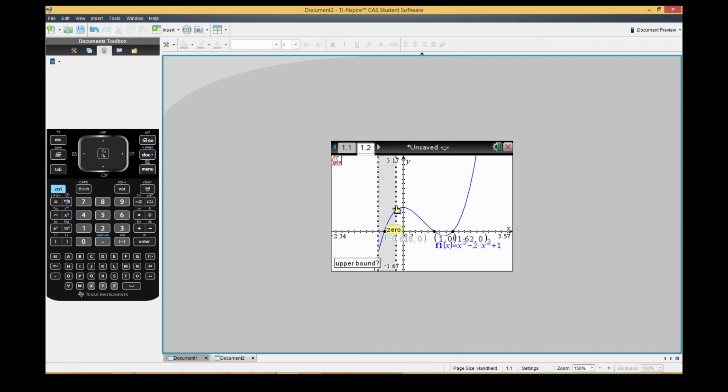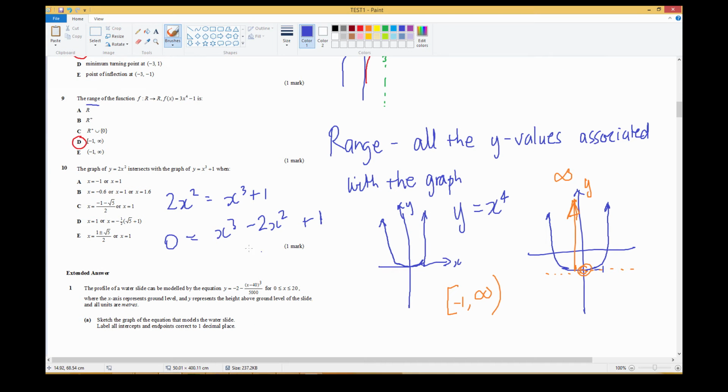The calculator helps a lot with these sort of questions. So I will just write them down. We got 1, we got negative 0.62 approximately, and 1.62.